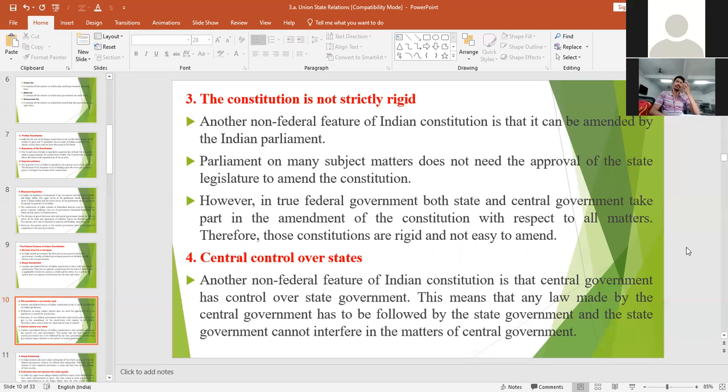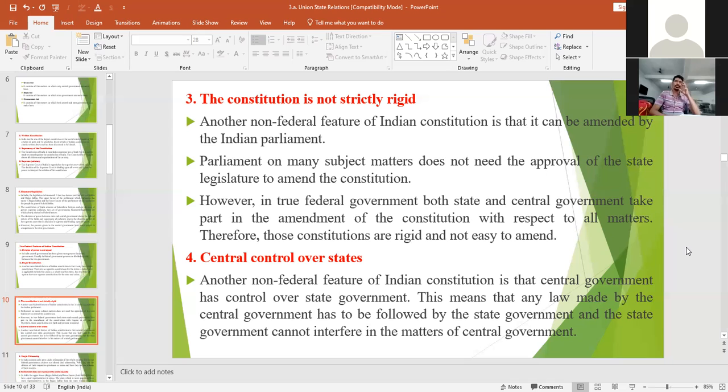In a flexible manner of amendment, there is no strict rule or condition like the two-thirds. A general majority is enough to amend issues like the names of the states and the territories of the states. That is why the constitution is not strictly rigid, and why it is not a federal state.